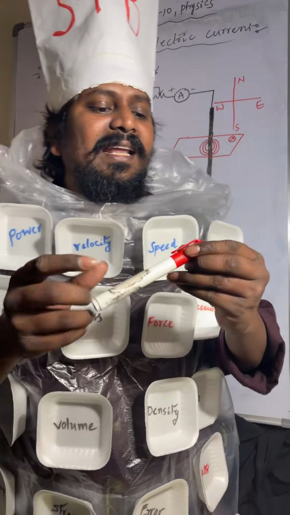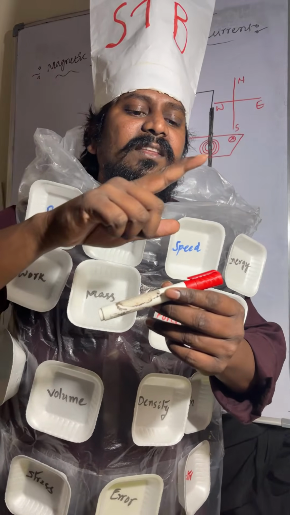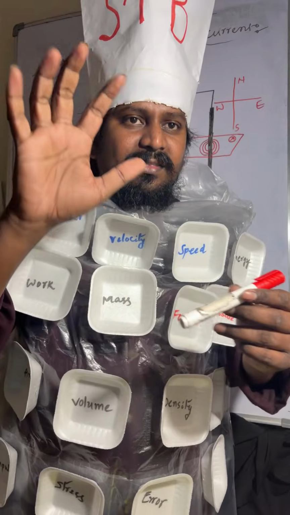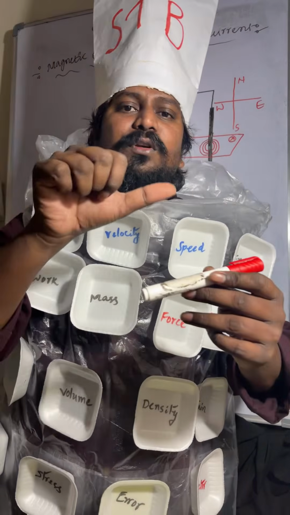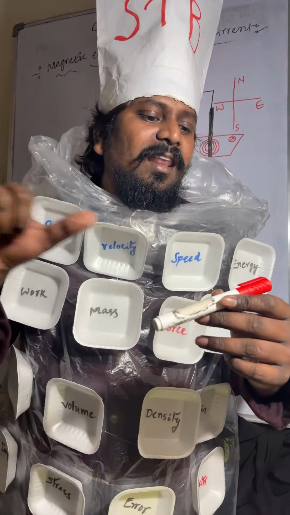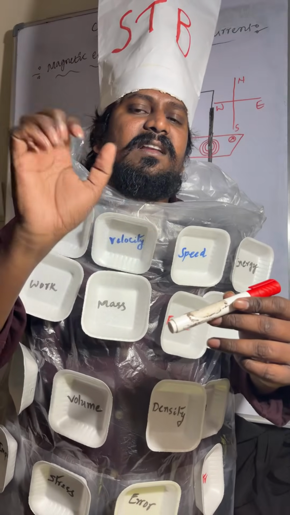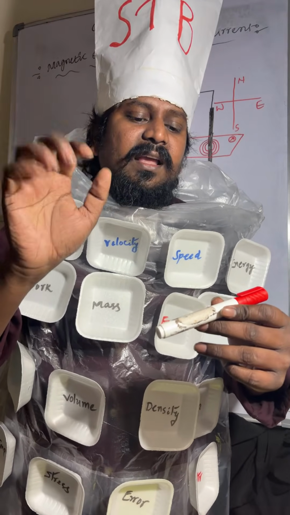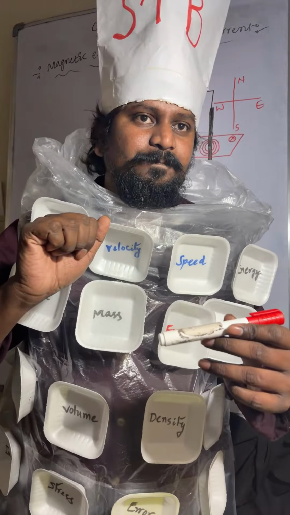Suppose the current is passing along this direction. This is my right hand, and this is the thumb. The thumb shows the current direction. The curly, folding fingers show the magnetic field direction.